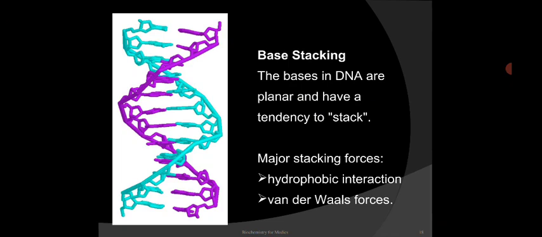The DNA bases, the nitrogen bases, in which adenine pairs with thymine with a double hydrogen bond, and guanine pairs with cytosine with a triple hydrogen bond. The base stacking interactions are also known as van der Waals interactions between the bases.